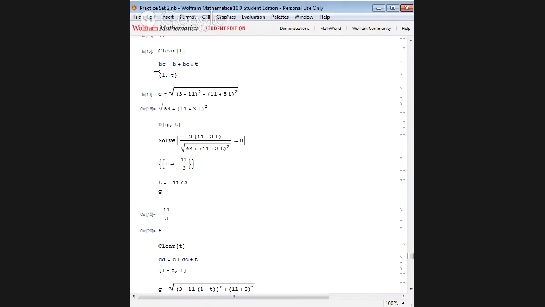I plugged in 1 for t and t for lambda in my original, and that gave me the new equation. I set the derivative equal to 0 for the critical values and evaluated G at that one. But see, I got 8 down here.